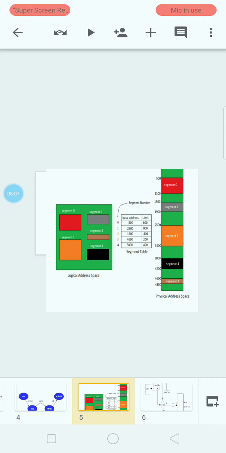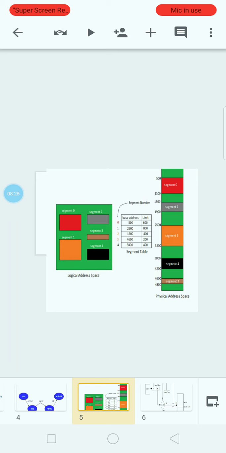There is no simple relationship between logical addresses and physical addresses in segmentation. A table stores the information about all such segments and is called a segment table.